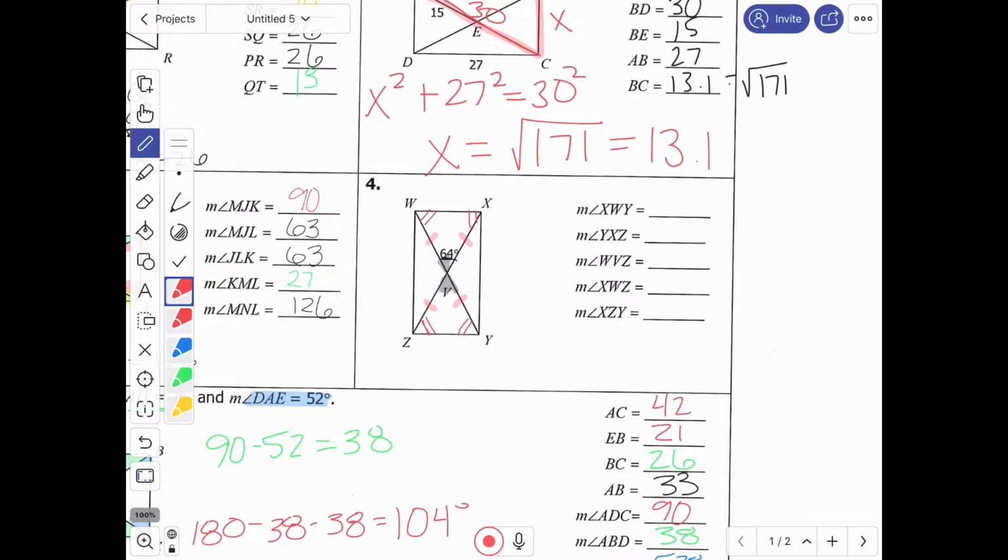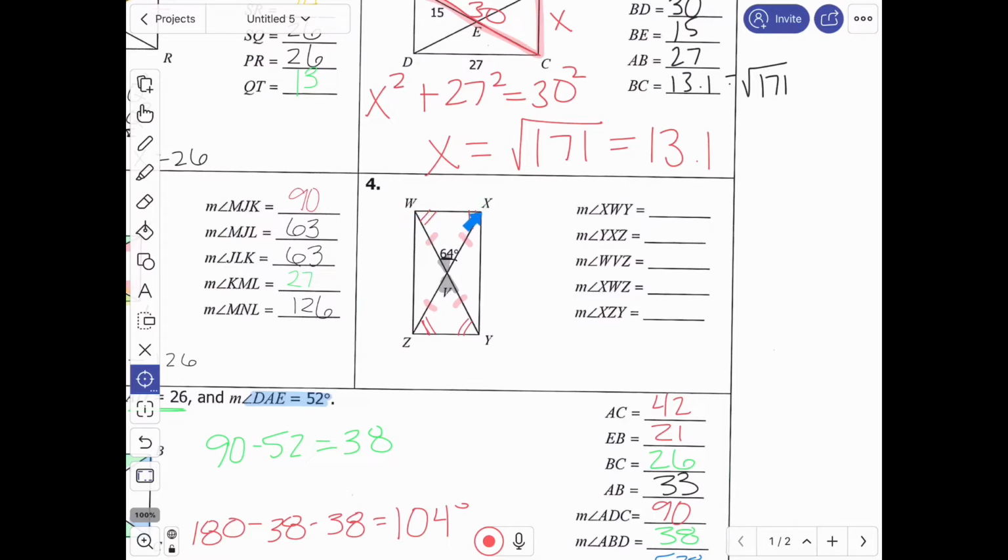So let's see if I'm trying to figure out one of those first. So angle XWY, yep, so that would be this angle right here. So how I'm going to find that is, I know that all the angles in a triangle add up to 180, right? So if these 2 angles are the same, these are my 2 unknowns. So this would be an unknown x.